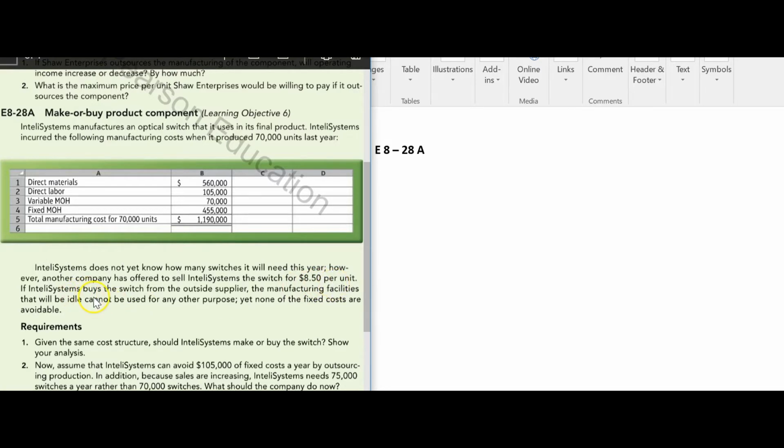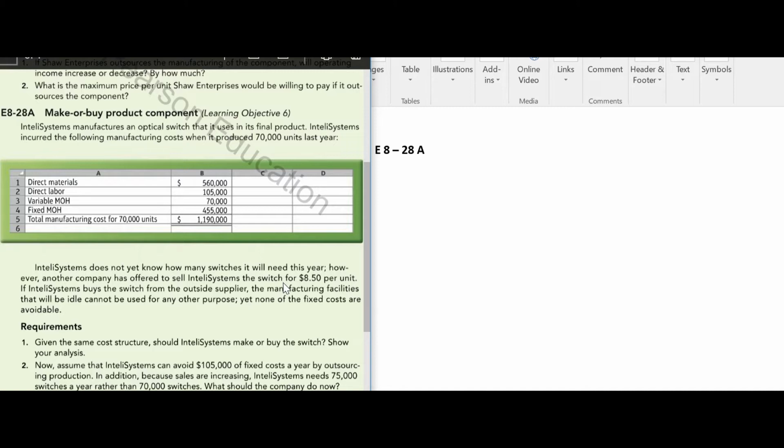If IntelliSystems buys the switch from the outside supplier, the manufacturing facilities will be idle and cannot be used for any other purpose. So they have some facilities that they use to make this switch. If they buy this switch from outside, they could not use those facilities for any other purposes.